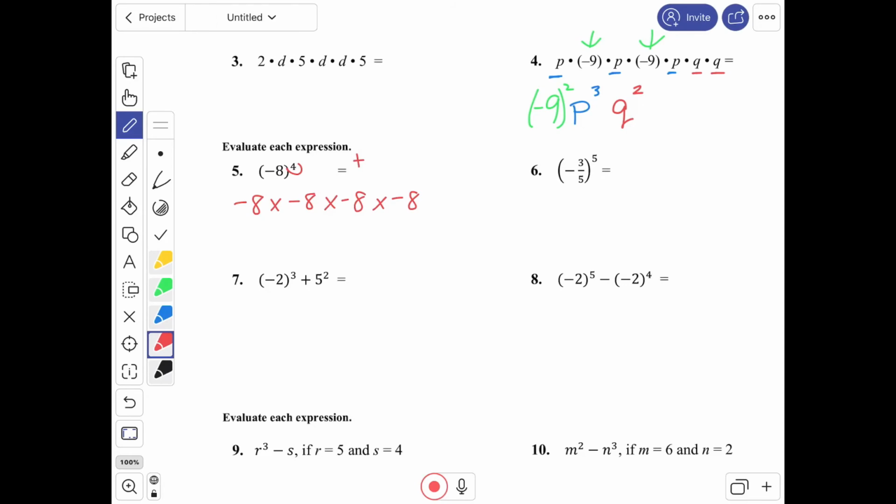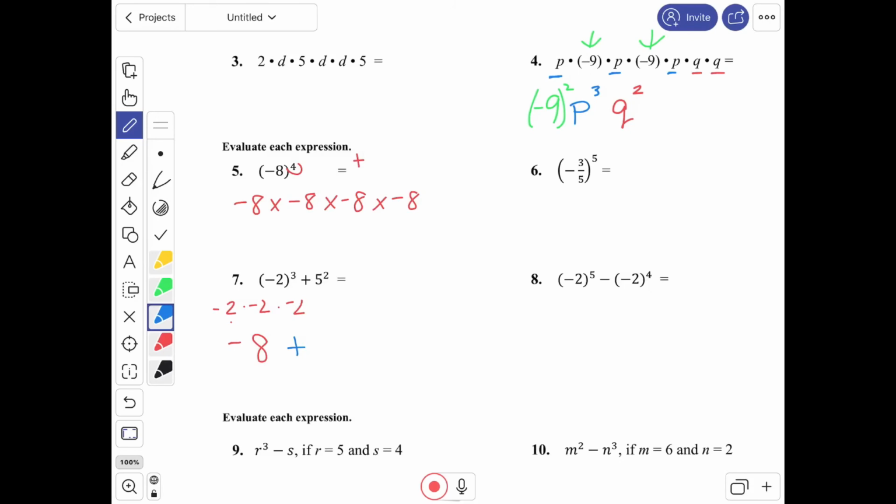Let's look at number 7. That's -2 to the third power, so that would be -2 times -2 times -2. And 2 times 2 is 4, and 4 times 2 is 8. And it's an odd exponent, so my answer would be negative.